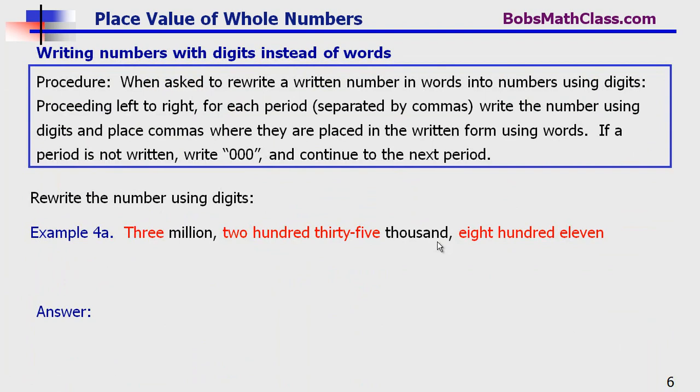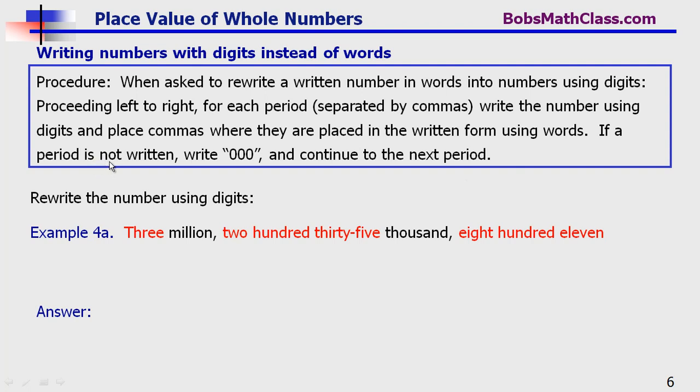Okay, now we're going to write numbers with digits instead of words. So we're changing them from words into numbers. Okay, when asked to rewrite a written number in words into numbers using digits, proceeding left to right, for each period separated by commas, write the number using digits and place commas where they are placed in the written form using words.